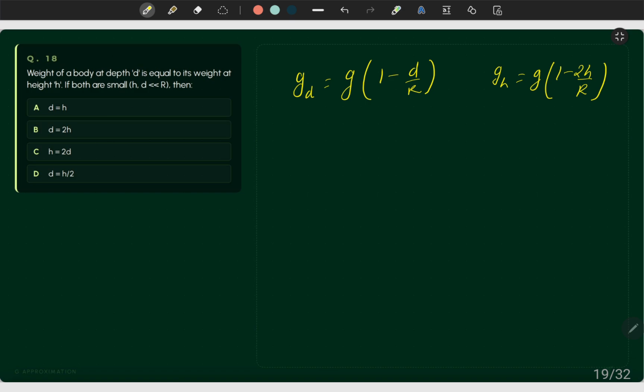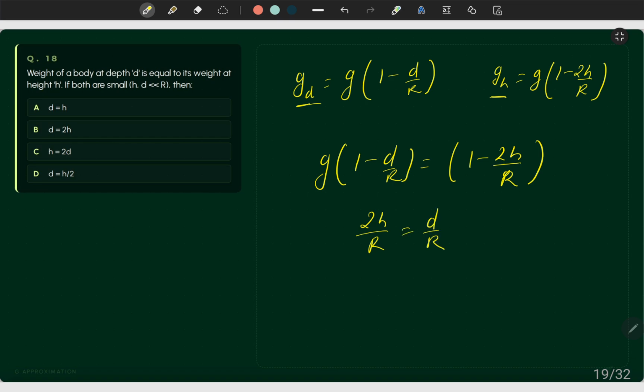Now, since g_d and g_h are equal, we will equalize these two equations and solve. We get d is equal to 2h. So the answer is B.